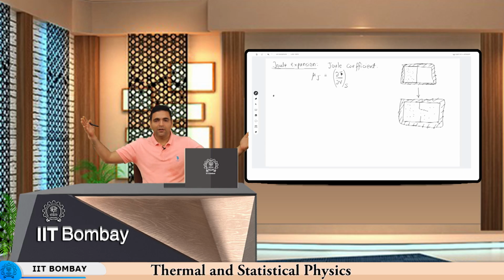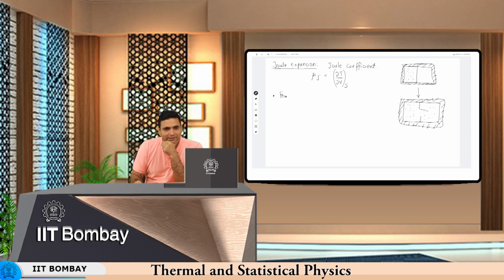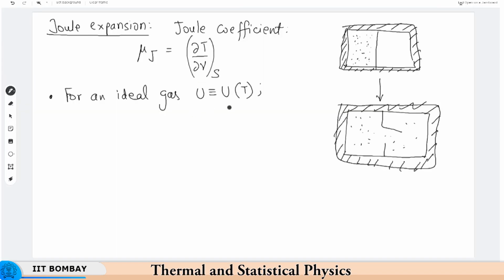It does not matter whether you contain those molecules in a bigger or smaller container, the total kinetic energy is not going to change. So for an ideal gas, since u is only a function of temperature, del T by del V is 0, temperature being a measure of the internal energy. Therefore, the Joule coefficient for an ideal gas is 0.